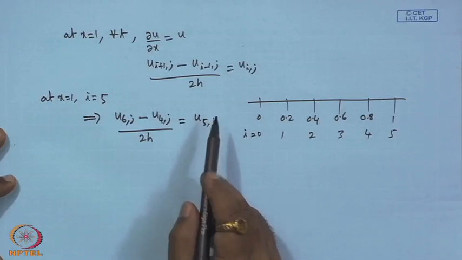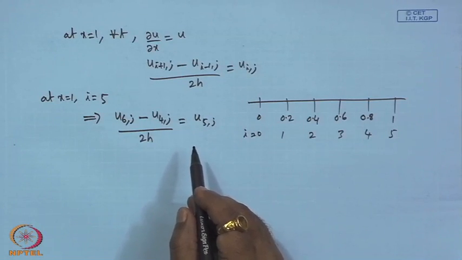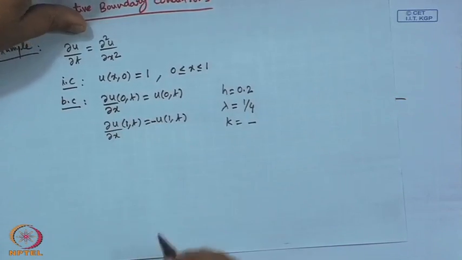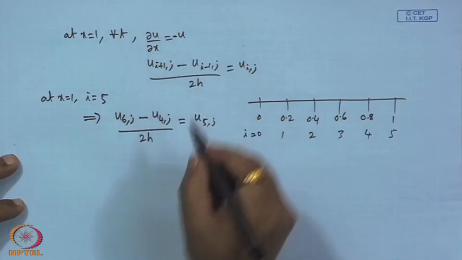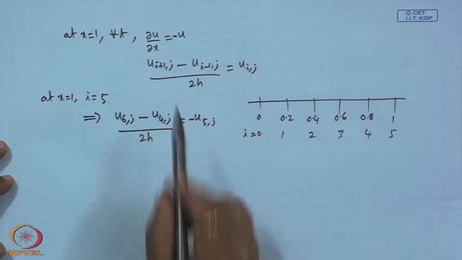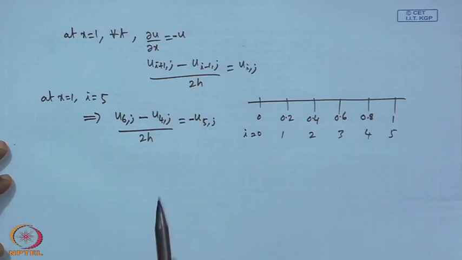Now, the boundary condition which I have defined at 1 has a minus sign here. So, accordingly if we consider this minus sign, we get a minus sign here. That was a slip, because I have the worked out example for this case.